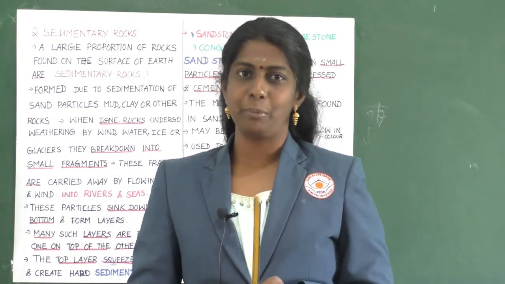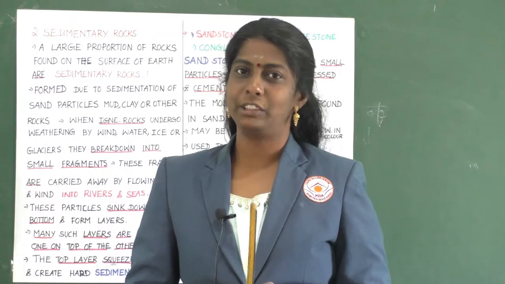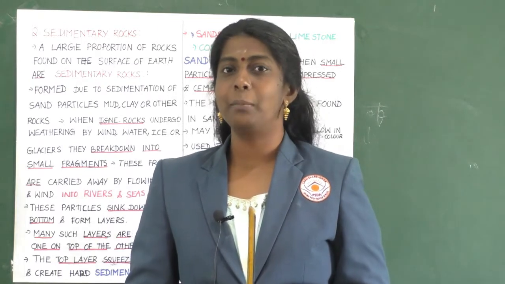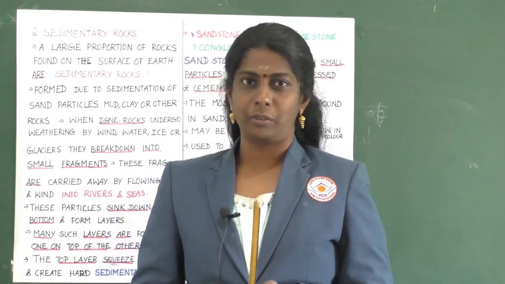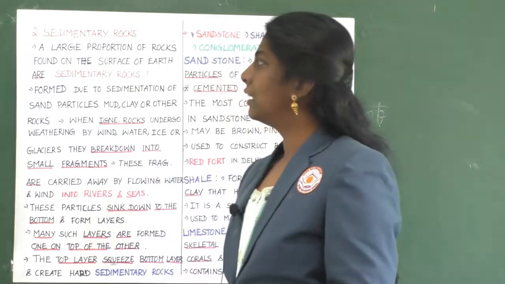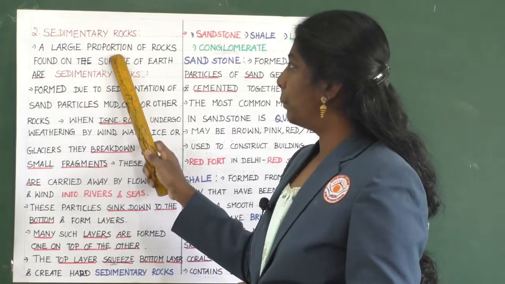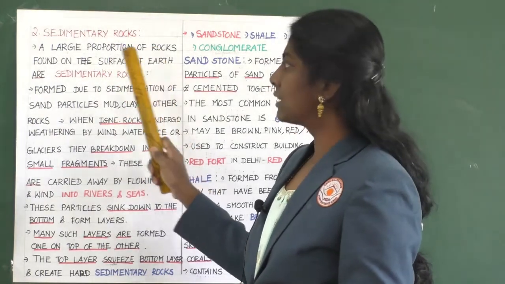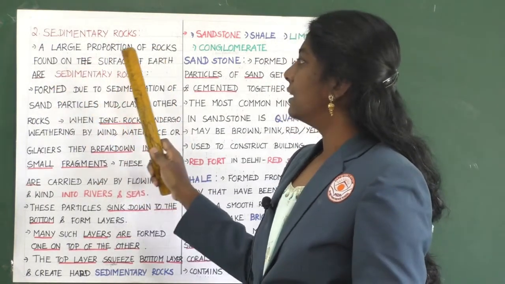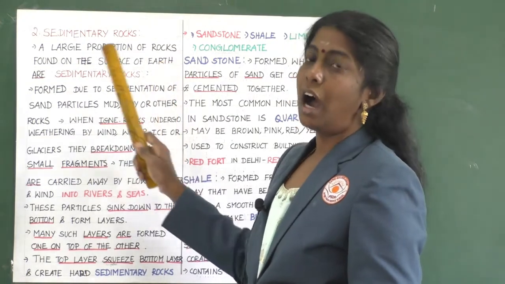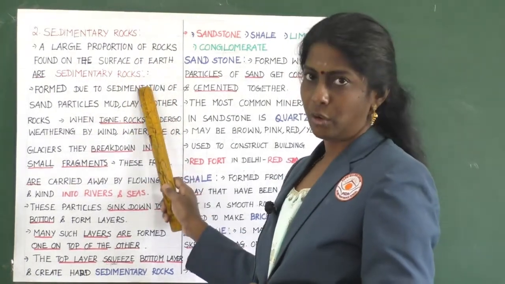Now the second type of rock, that is sedimentary rock. We are going to learn about sedimentary rock. Clear, children? So what do you mean by sedimentary rocks? A large proportion of rocks found on the surface of earth are sedimentary rocks.